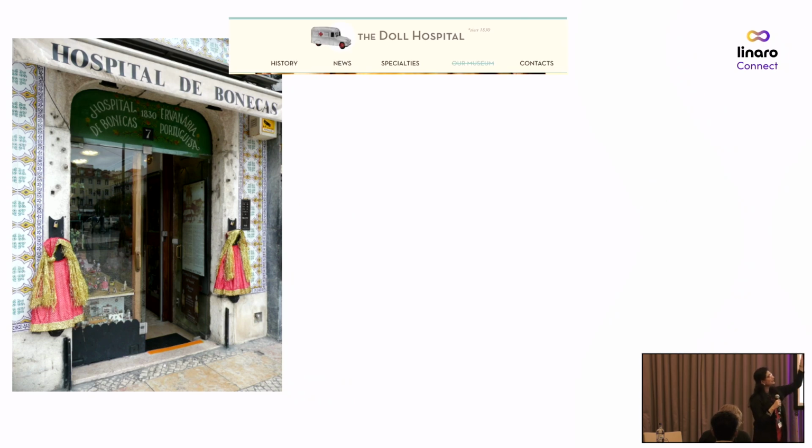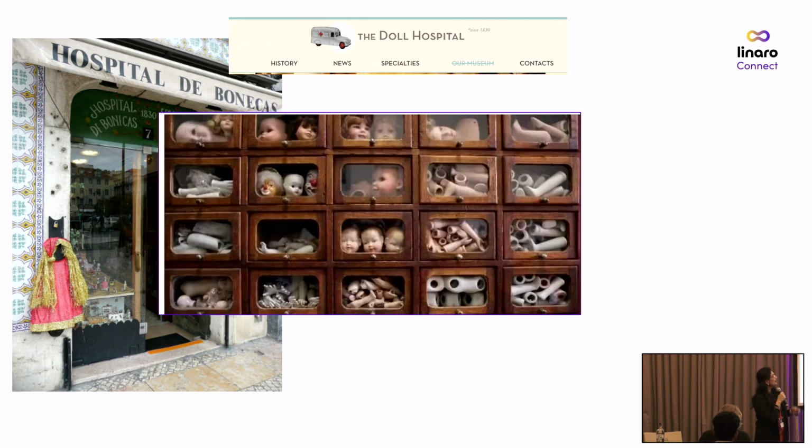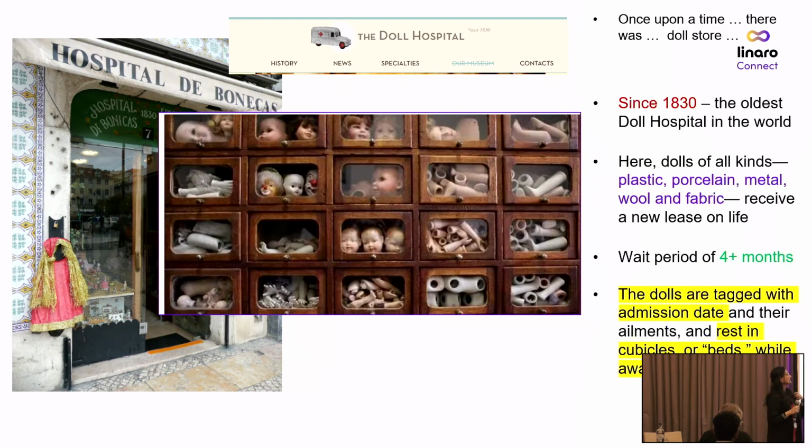And they have a detailed website here in terms of the specialities and the admission process, etc. This is the kind of cabinet which they call the hospital beds. I've seen that in a horror movie, that's right. All right. So this also started long back, once upon a time in 1830. And while I did my research, I realized there are more doll hospitals in the world, but this is literally the oldest.